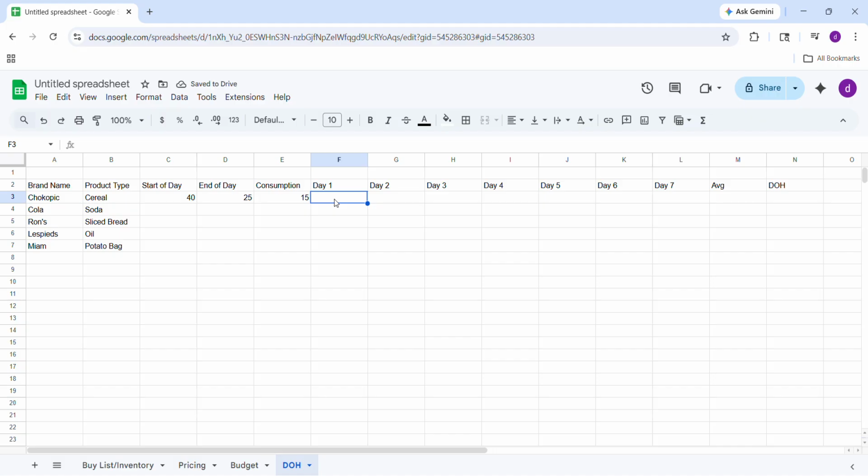So day 1, we used 15 items. Okay? Now, I would start actively taking the DOH seriously at 3 days, and then go up to 7, and then start adding it back in to the next week. So you finish 7, and then after that you go back to day 1.